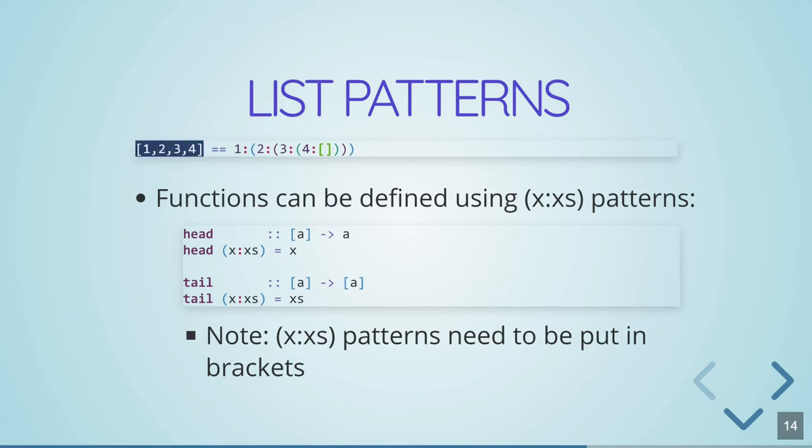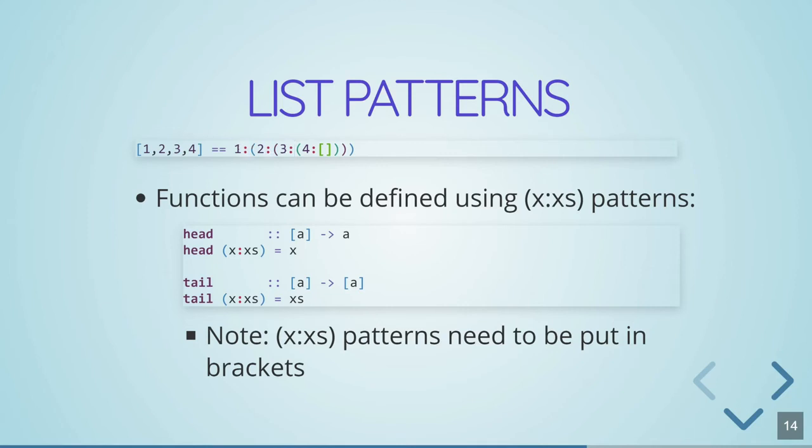Usually the way I've been showing you to write them is using this special syntax with square brackets and commas. The interesting thing about lists is that this syntax of square brackets and commas is just a special illusion that you're allowed to use. A lot of programmers would call it syntactic sugar for this right here. So you can think of a list as a bunch of individual elements put together using this colon operator, which you can call the cons operator.